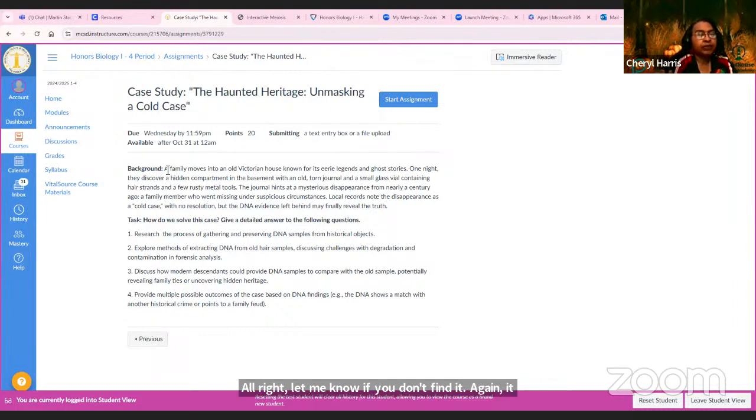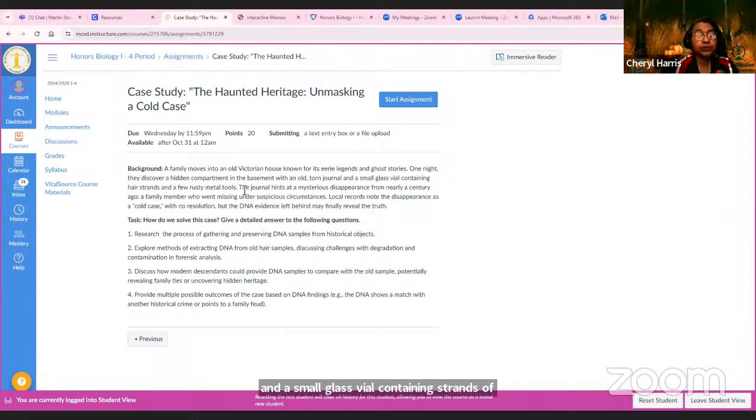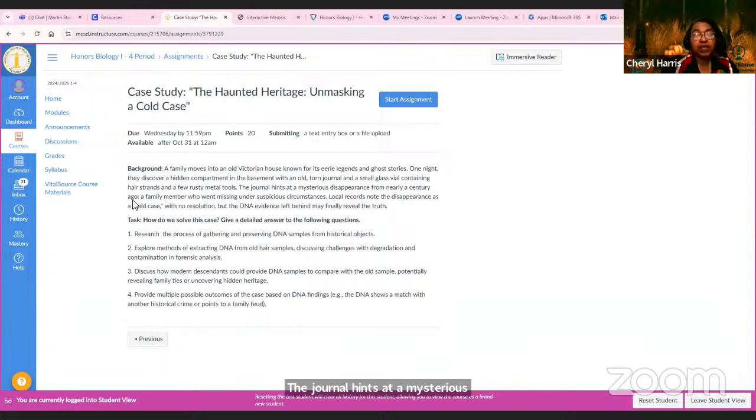So you have some background information. A family moves into an old Victorian house known for its eerie legends and ghost stories. One night, they discover a hidden compartment in the basement with an old torn journal and a small glass vial containing strands of hair and a few rusty metal tools. The journal hints at a mysterious disappearance from nearly a century ago, a family member who went missing under suspicious circumstances.